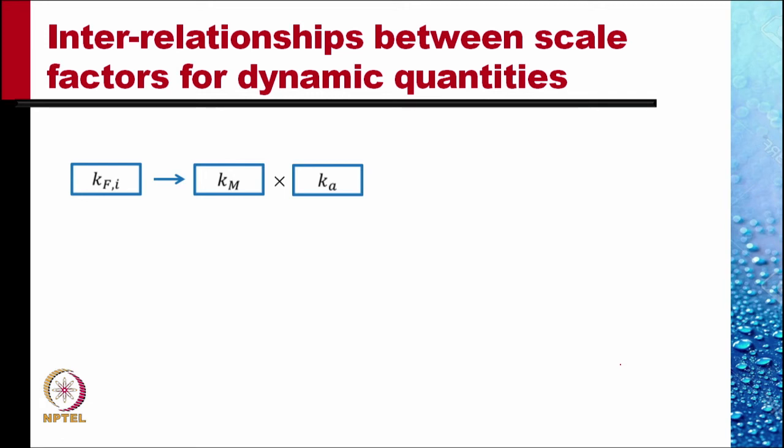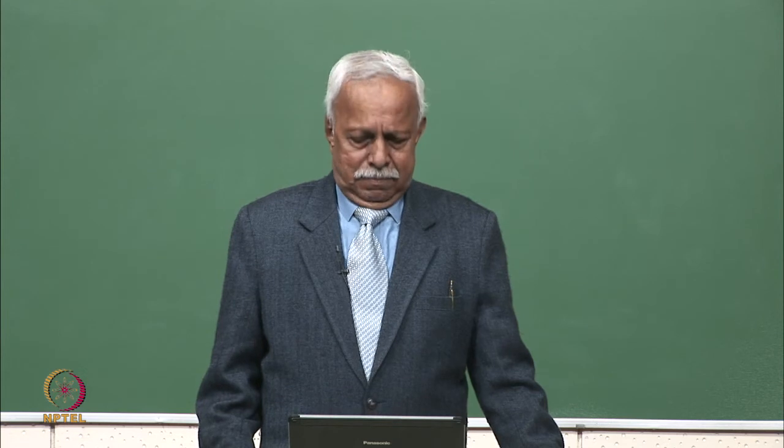Now, we can manipulate them like this. Kf gives you Km into Ka.